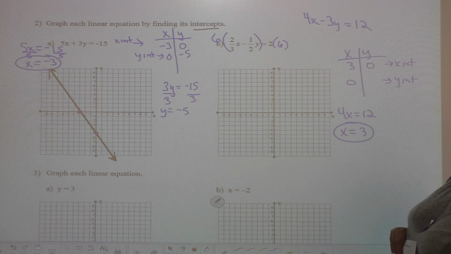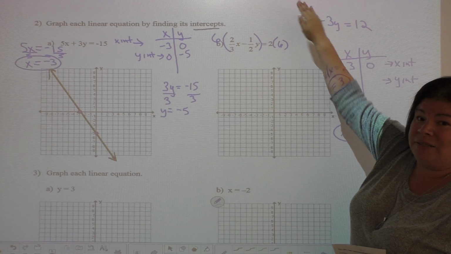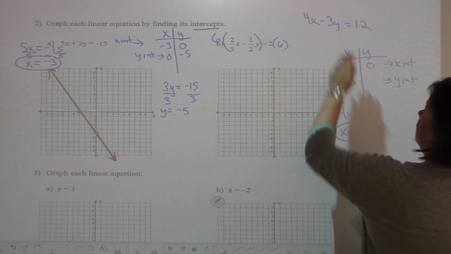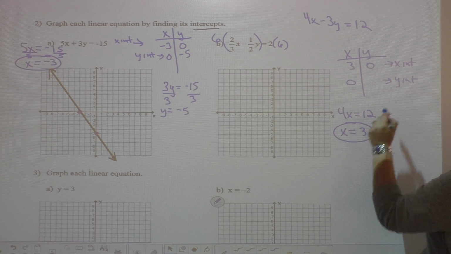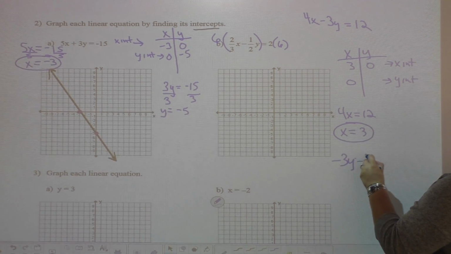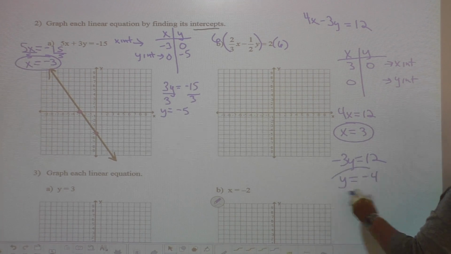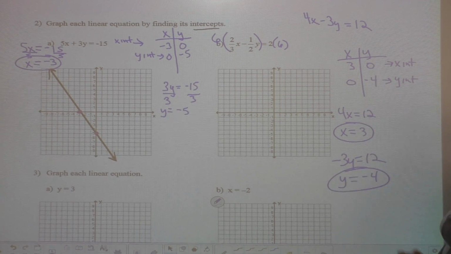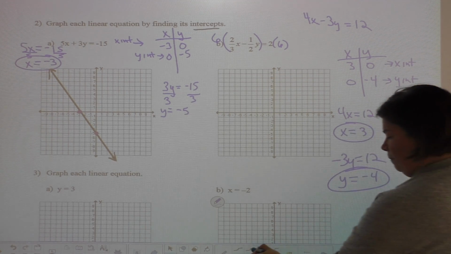There's our x-intercept. For our y-intercept, I'm going to cover up x because x is 0, and I'm left with negative 3y equals 12. And if I divide by negative 3, y equals negative 4. And there's my x and y-intercept. So all I'm going to do right now is plot them both.